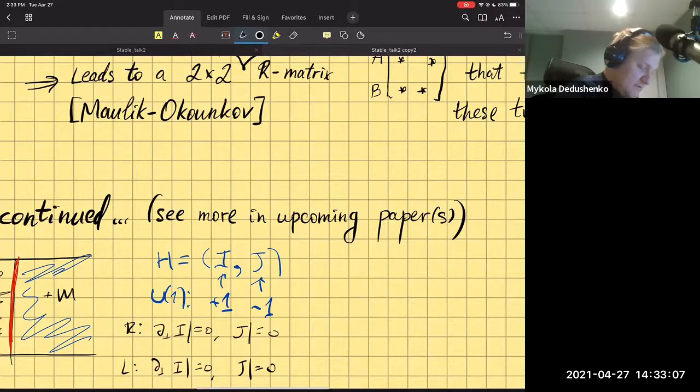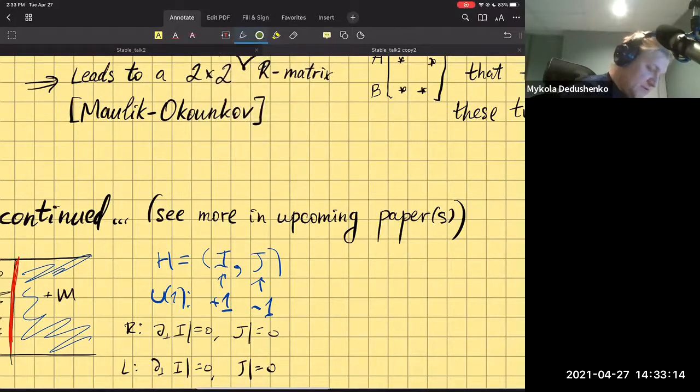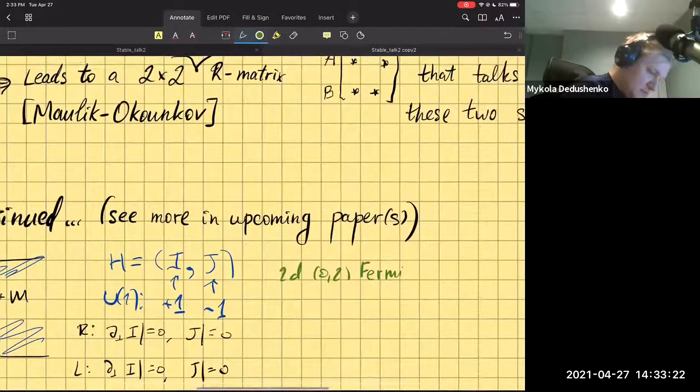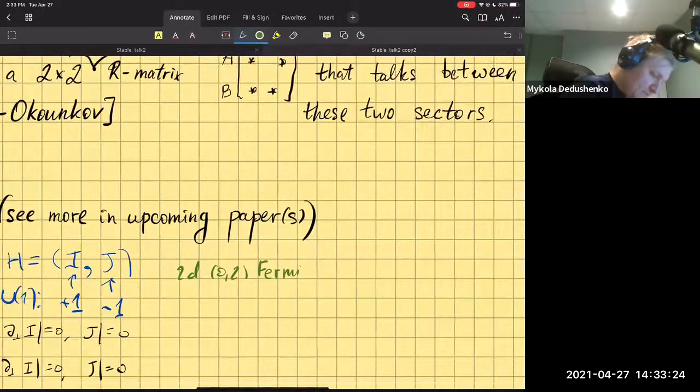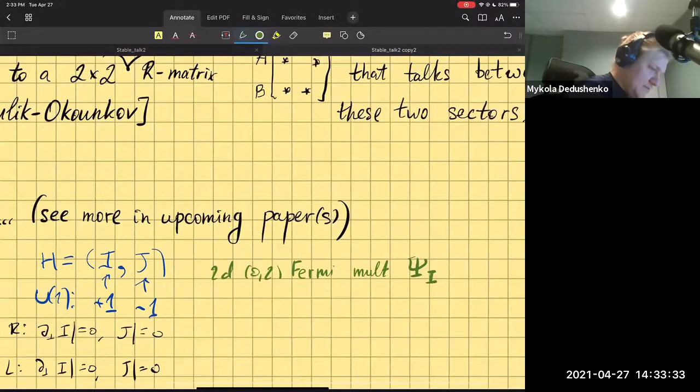It consists of, sorry, there's a 2D 0,2 so-called Fermi multiplet. Let's call it psi_I, and psi_J.